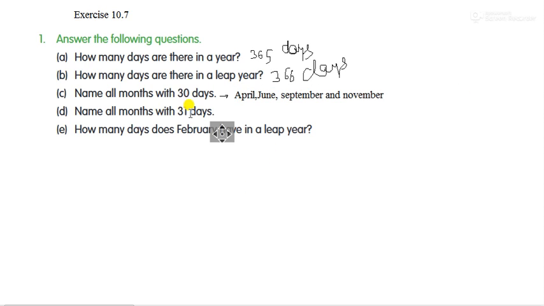Name all the months with 31 days. This one do it by yourself, giving as homework. The 31 day months are January, March, May, July, August, October and December. How many days does February have in a leap year? It's 29 days.